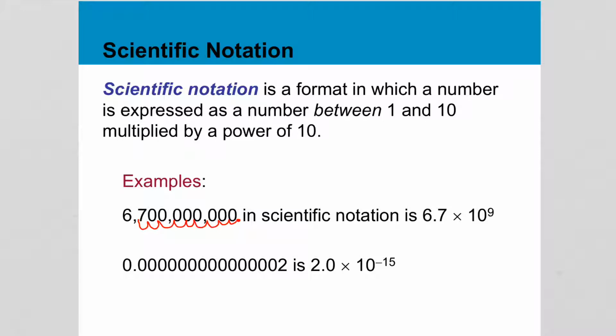If you've got a very small number, a number smaller than 1, then you're going to have a negative exponent.